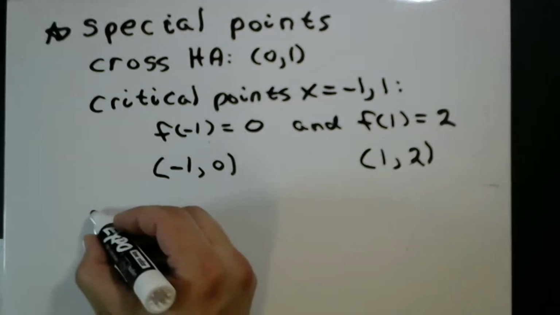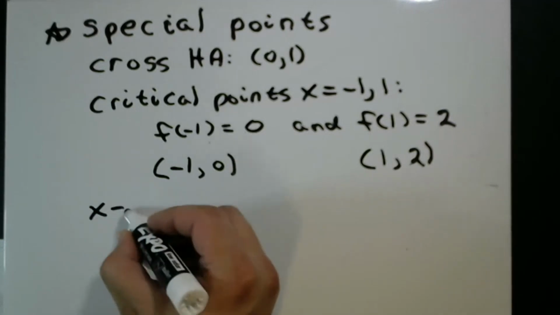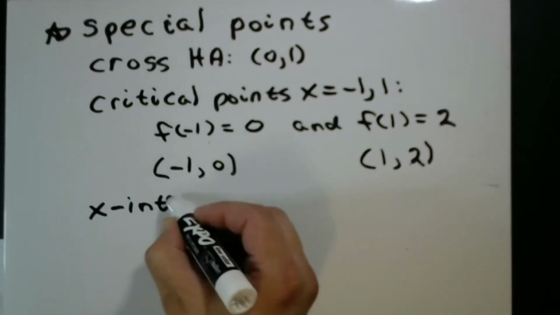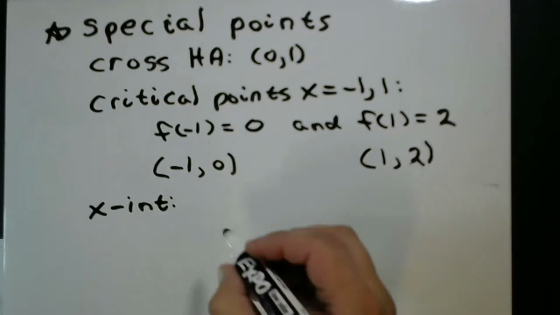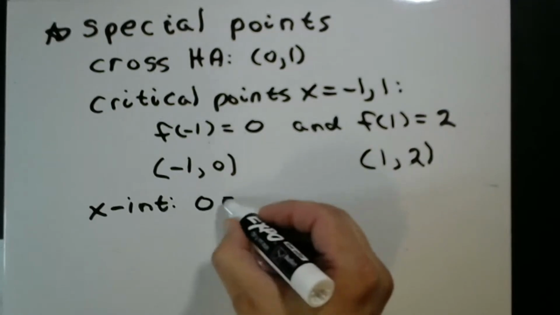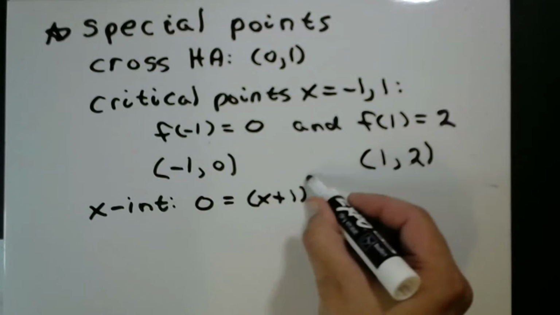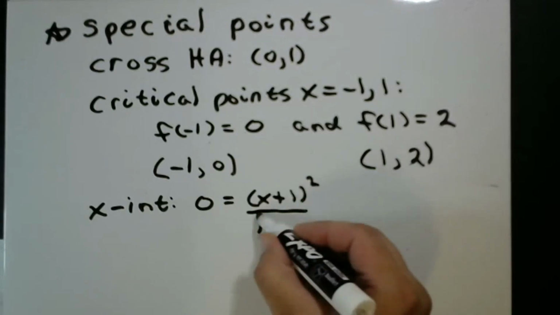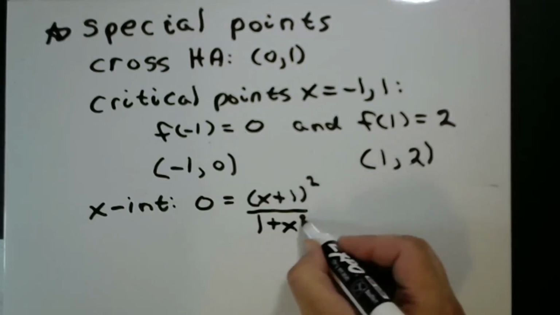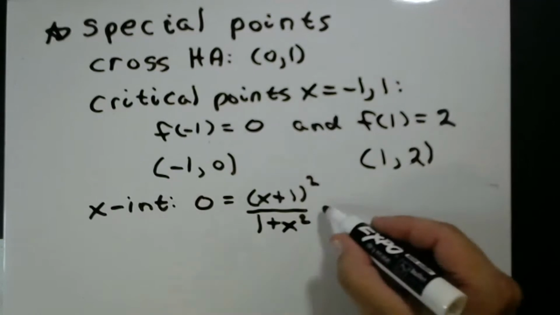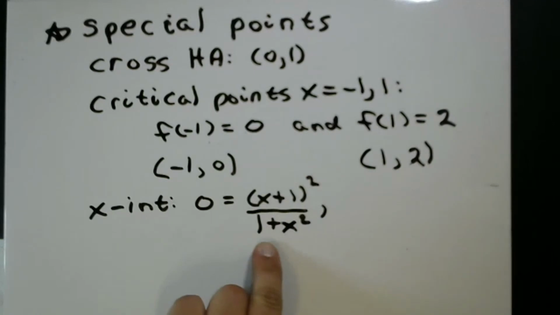For the x-intercept, we set f(x) equal to 0 and solve for x. Multiply both sides by 1 plus x squared.